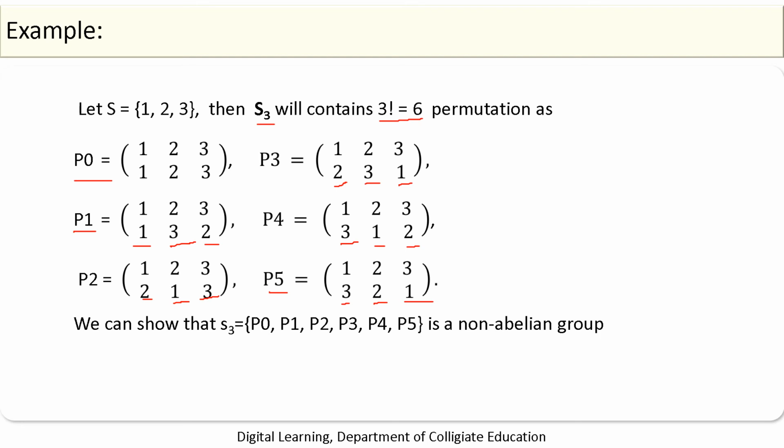That means F composition G is not the same as G composition F. Here you can take any P0 and P5 and check the compositions. P5 composition P0 and P0 composition P5, for example, will not be the same. Therefore, it will not satisfy the commutative property. Since it does not satisfy the commutative property, we say that it is not an abelian group.